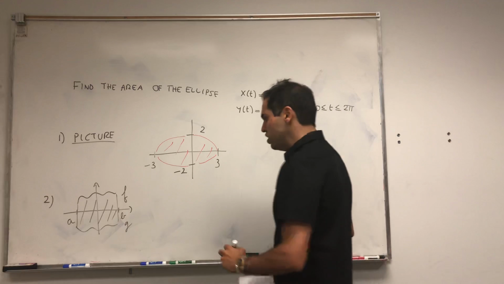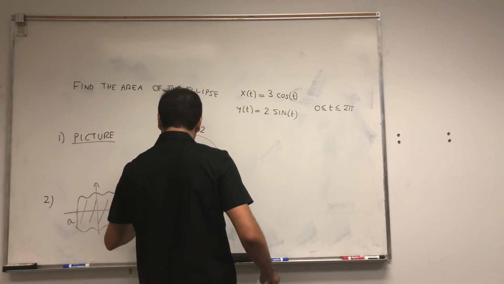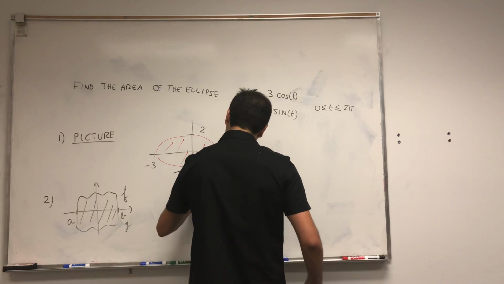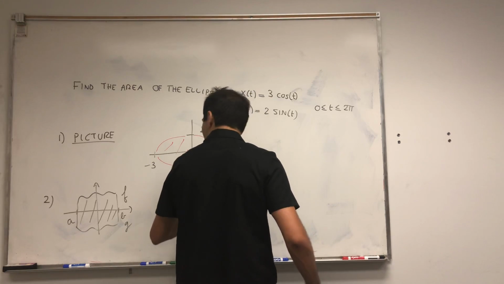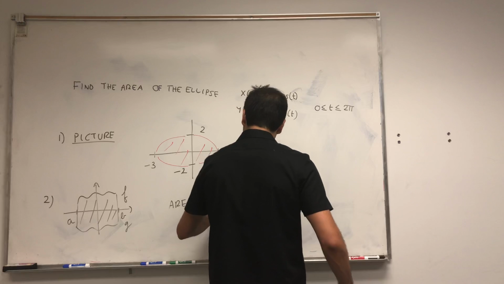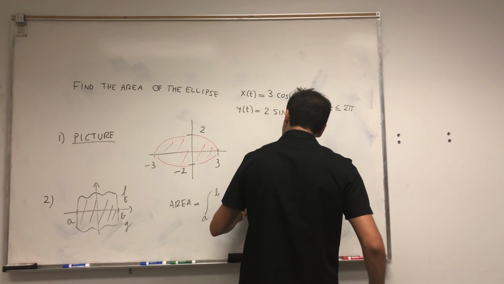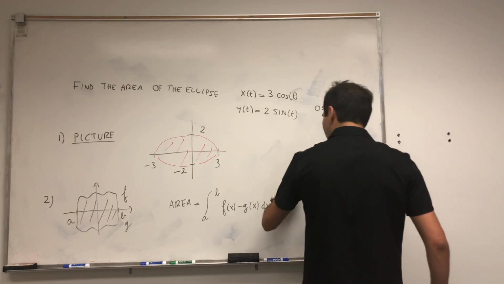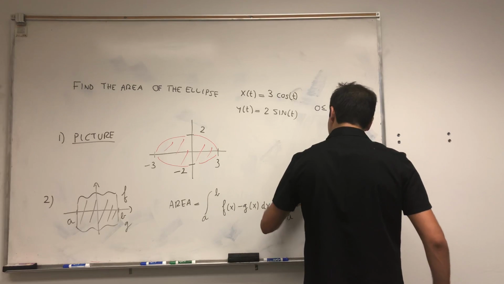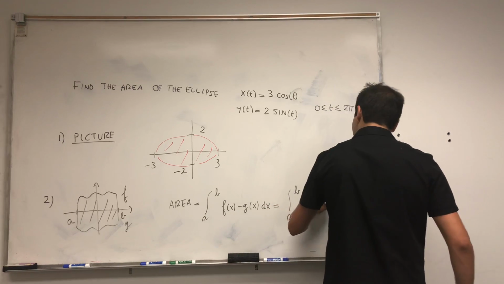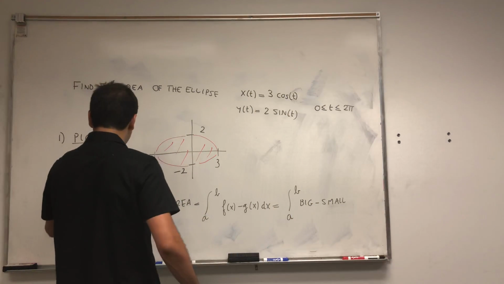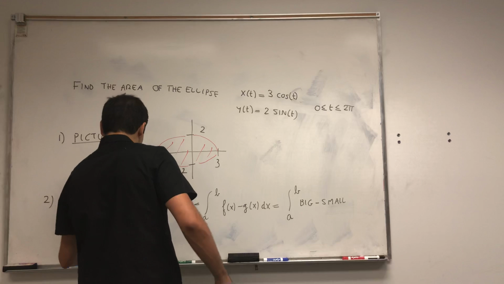Well, you just calculate the integral from A to B of f of x minus g of x dx, which is the bigger function minus the smaller function. So this is big and this is small.